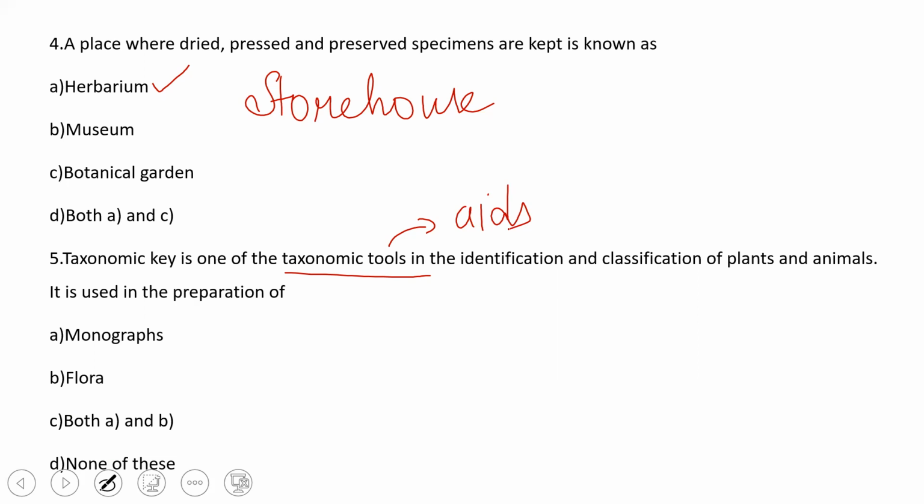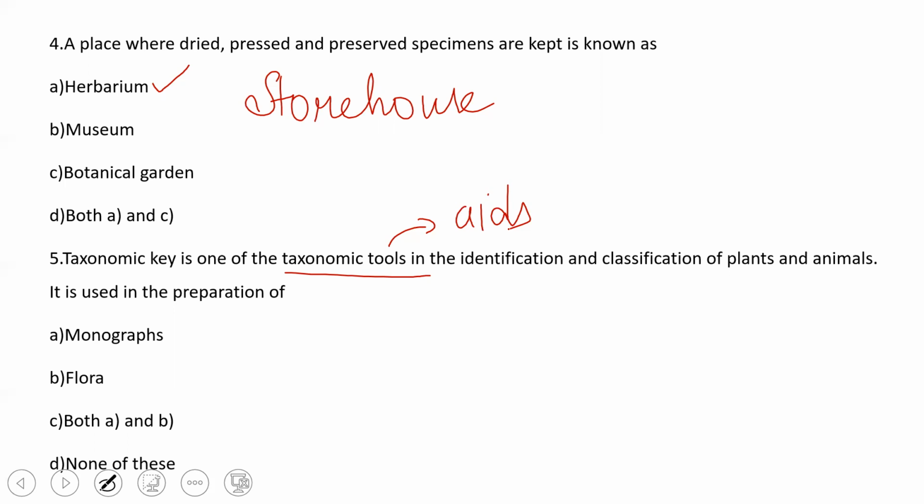The taxonomic key, one of the taxonomic aids, is used in identification and collection of plant specimens. So it is used in what type of preparation? First one is monograph, second one is flora, option C is both A and B, option D is none of these.